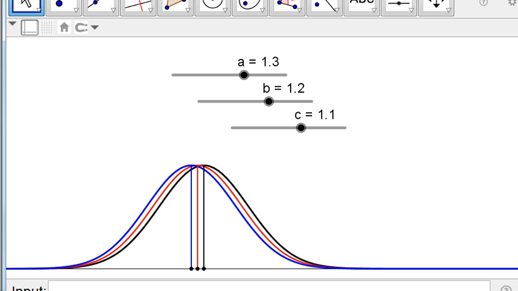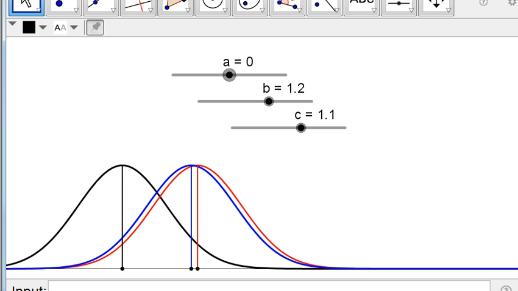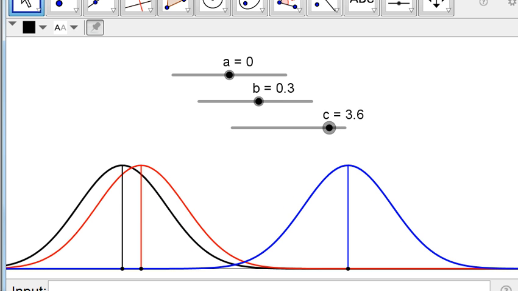Now, what if one of the groups is different than the other? So I'm going to move two of the groups down a little bit lower, and one of the groups is significantly higher than the other. Now, in that case, again, the standard deviation of each group doesn't change. Standard deviation is essentially a measure of spread.